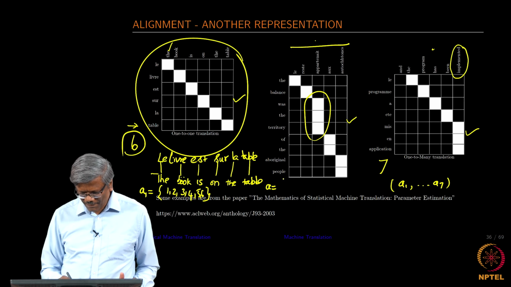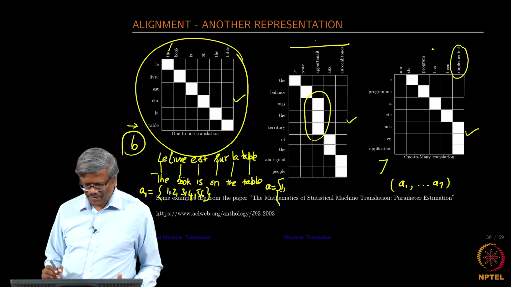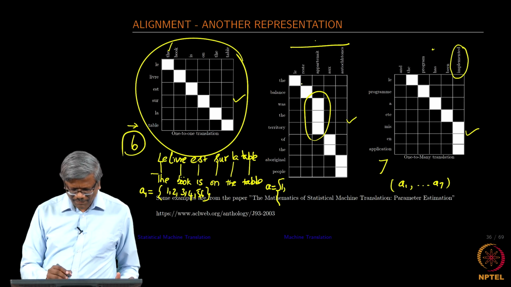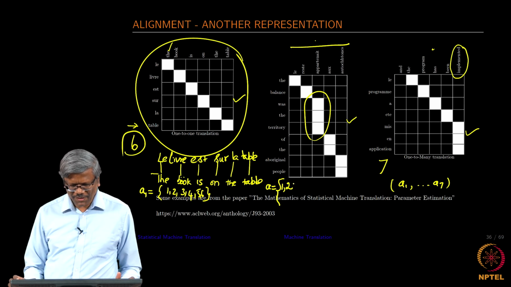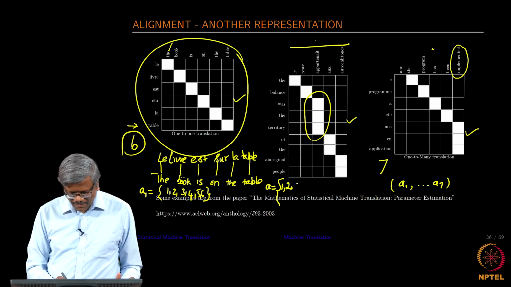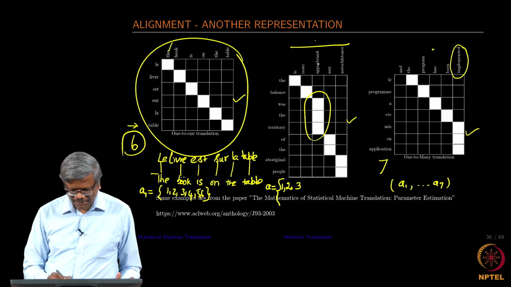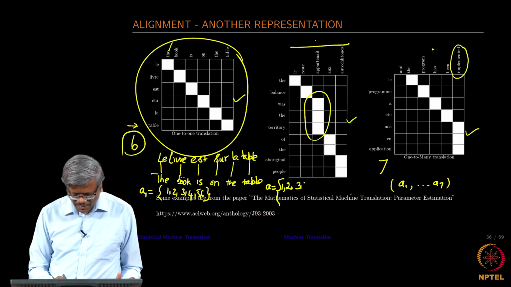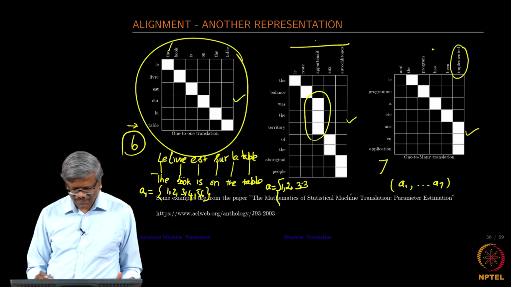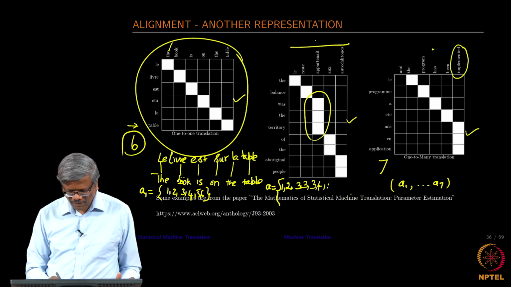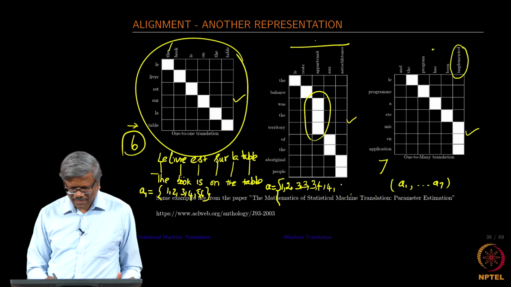We have the first word aligned, and then the second word is aligned to the second word of French, the third word is aligned to the third word of French, and then again 3, 3 again, and then we have 4, 4, 5, 5.